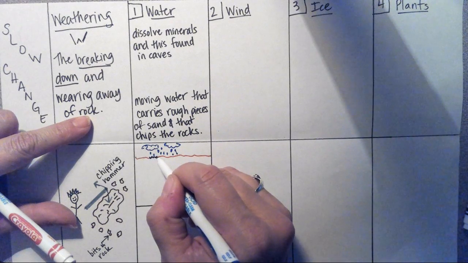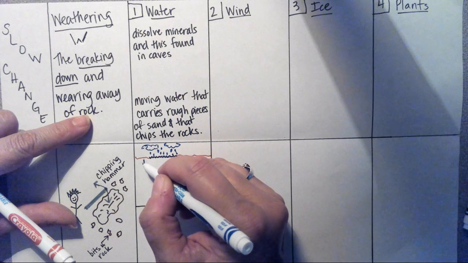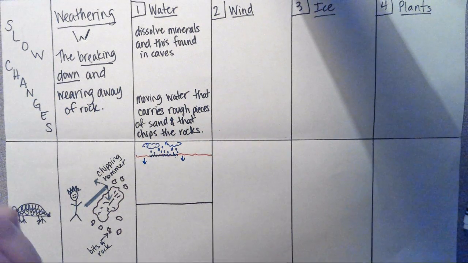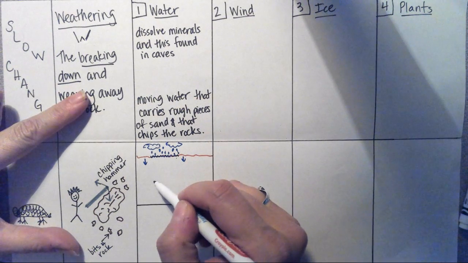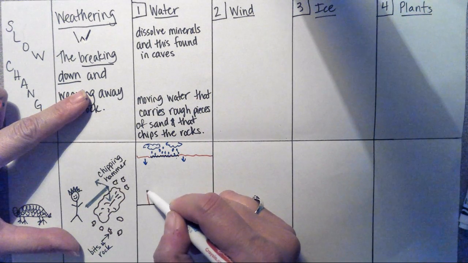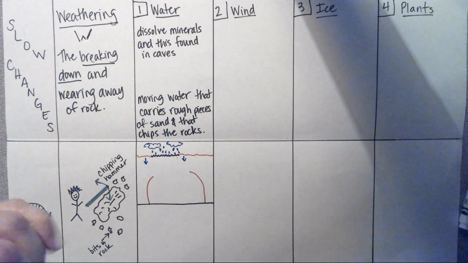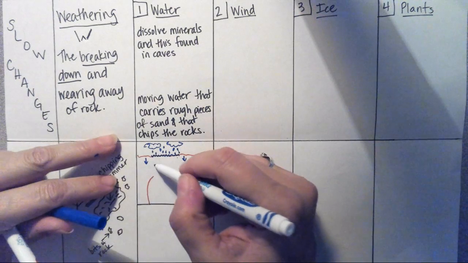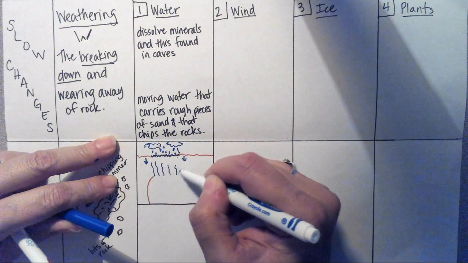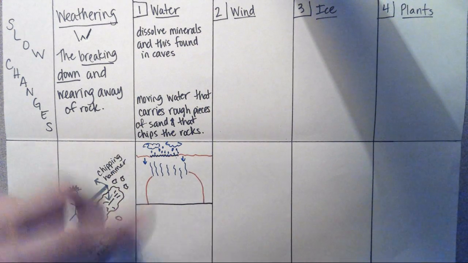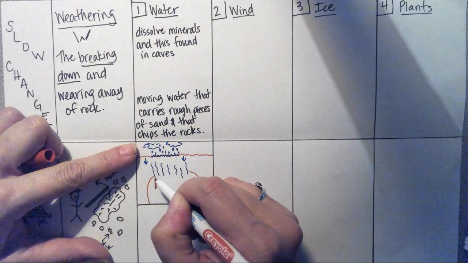And when that rain hits the land, it's going to do what? Correct, it's going to go down into the ground. So then what happens, I have this big hole. And all this water is dripping. And it's making stalactites.